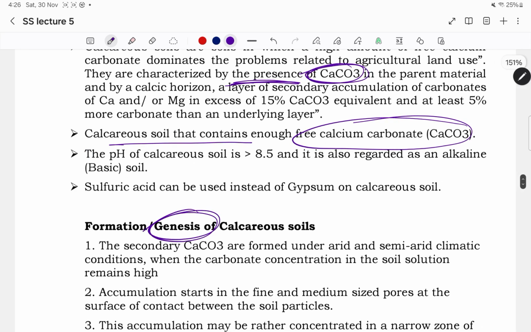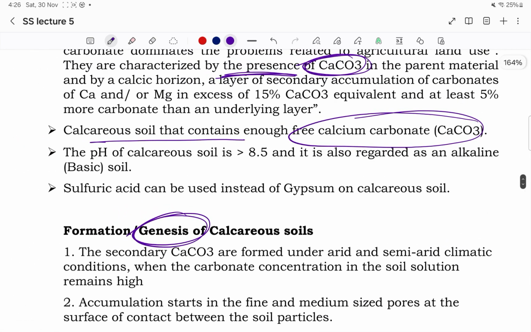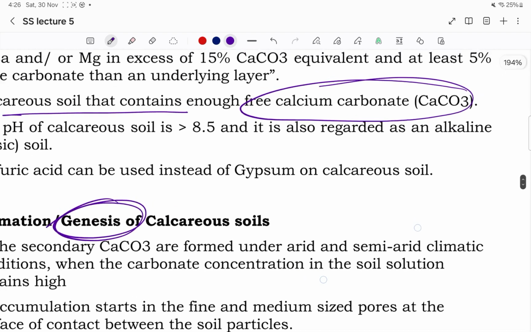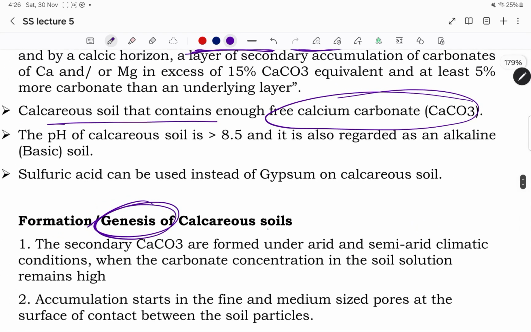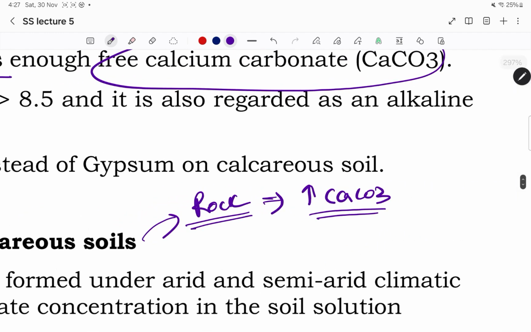What is the genesis? How are they formed? These soils are formed from rock containing high calcium carbonate. What are the rocks containing high calcium carbonate? Can you give some example?